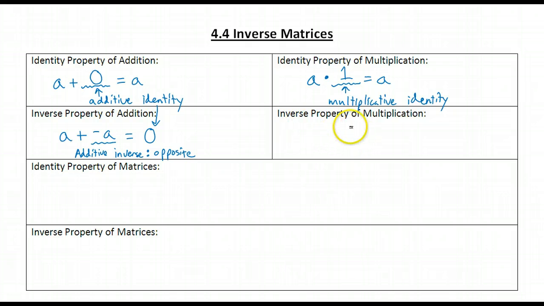The inverse property of multiplication. Again, I'm going to start with A. I'm going to multiply by something, and I want to get the multiplicative identity 1 for an answer. So A times something equals 1.